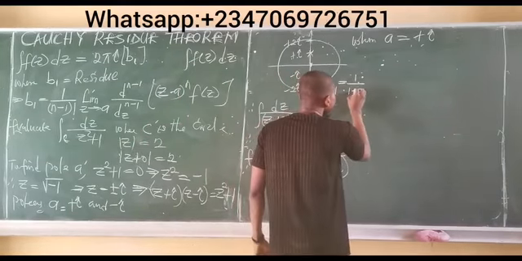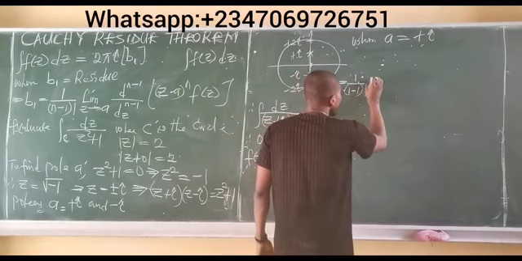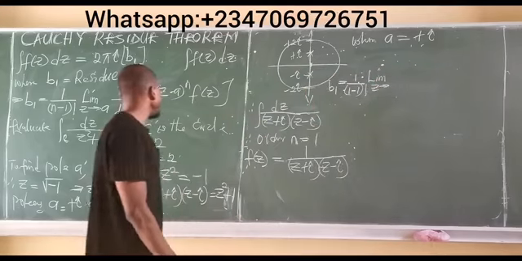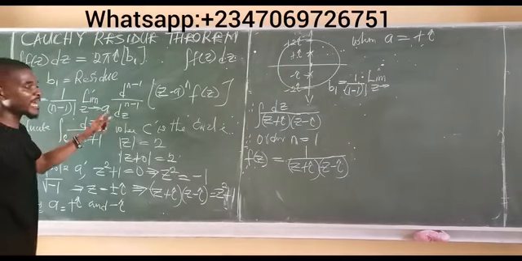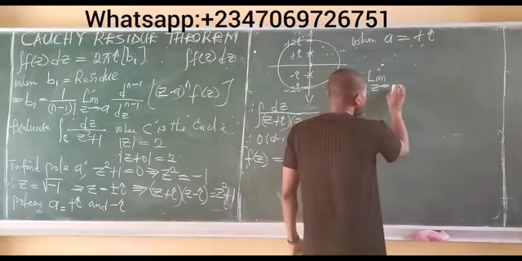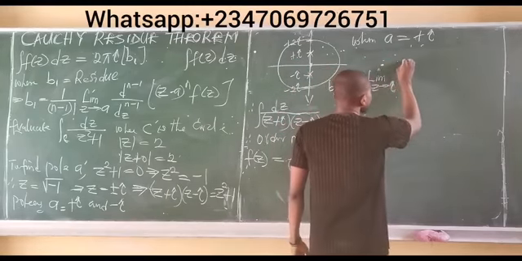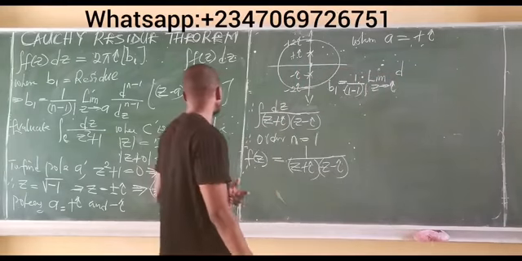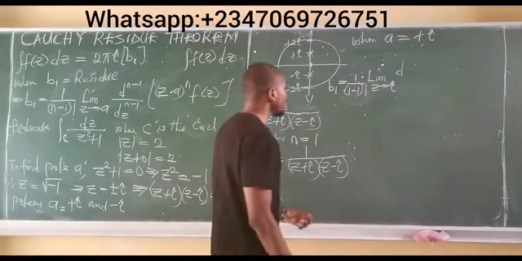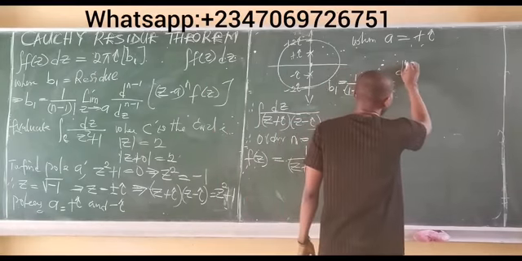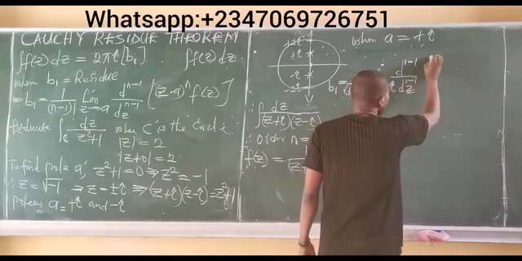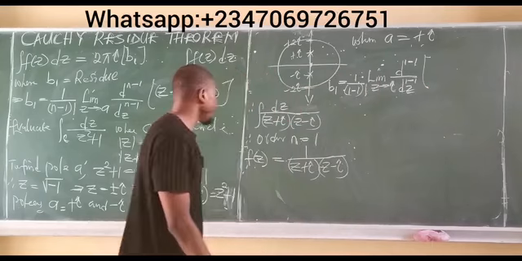So this becomes 1 minus 1 factorial, limit as z tends to a, and a in this case is the very first pole, which is plus I. So limit as z tends to I, d^(n-1) all over dz^(n-1). Once again, n is 1, so this becomes d^(1-1) all over dz^(1-1). Now, the whole of this multiplied by what?